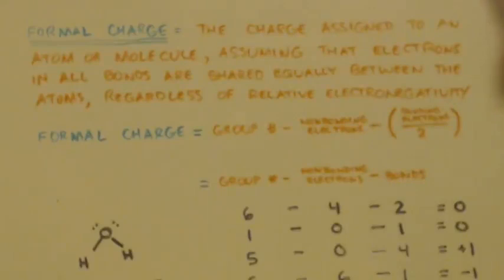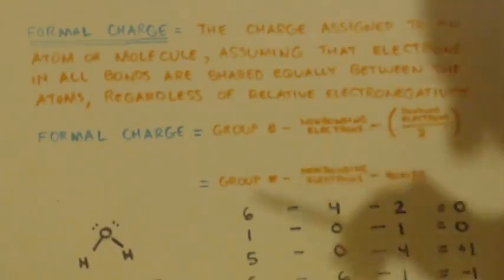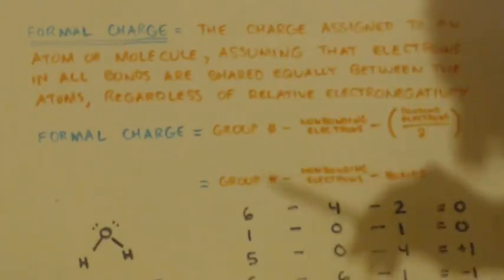And basically, that tells you how many electrons, right? If you're in group 6, that means oxygen has 6 valence electrons. If it's in group 7, like fluorine, that means it has 7 valence electrons. So basically, you just want to know what group number or how many valence electrons it has, right? Because that's the same thing, right?